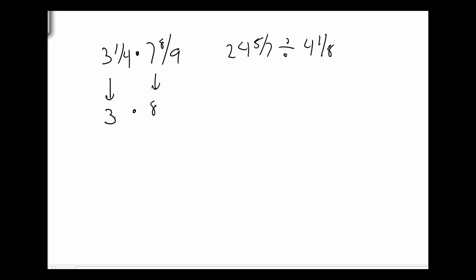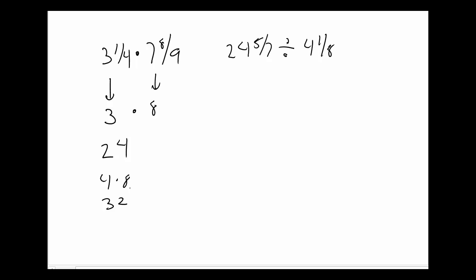So I would expect this to be likened to the product of 3 times 8, which is 24. And if I want to get a higher estimate, then I do 4 times 8, which is 32. So the answer itself should be somewhere between 24 and 32, closer to 24.